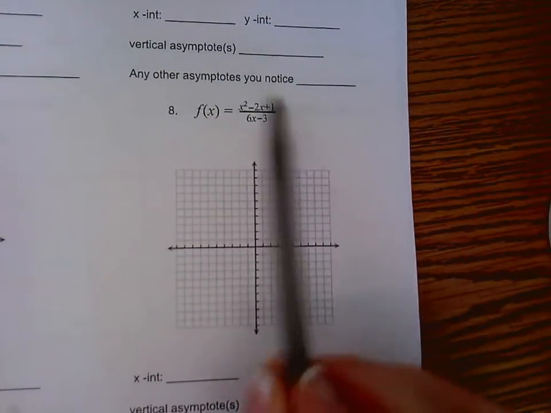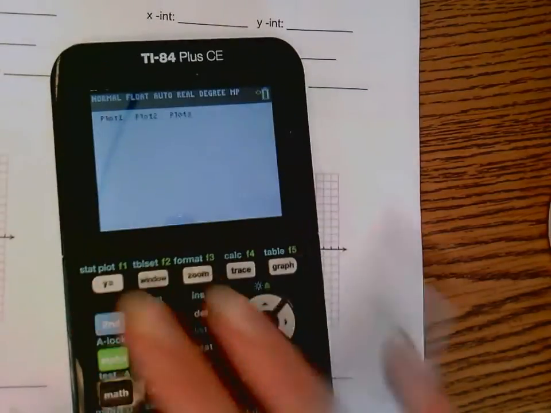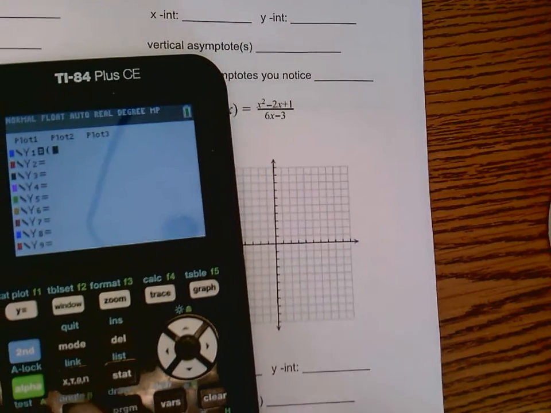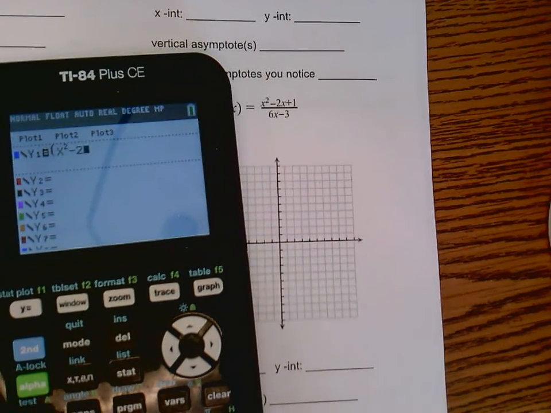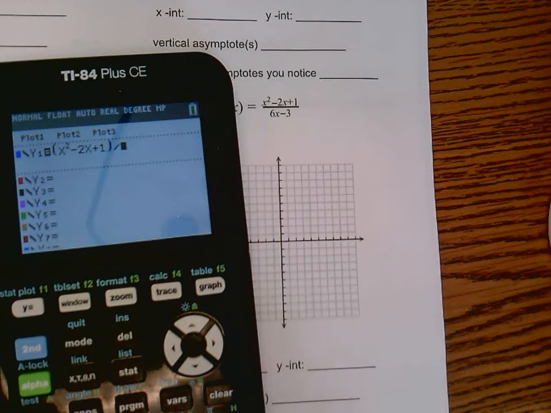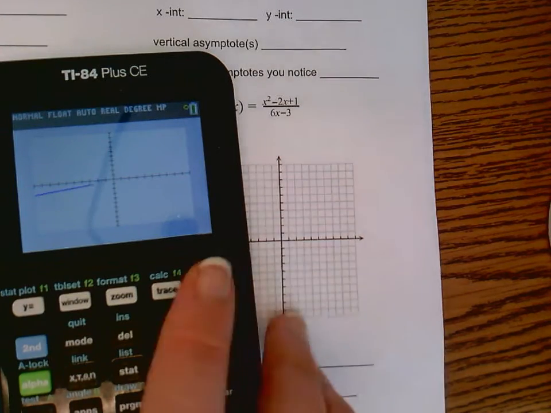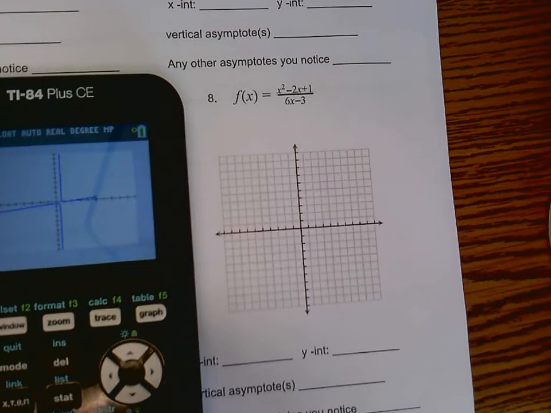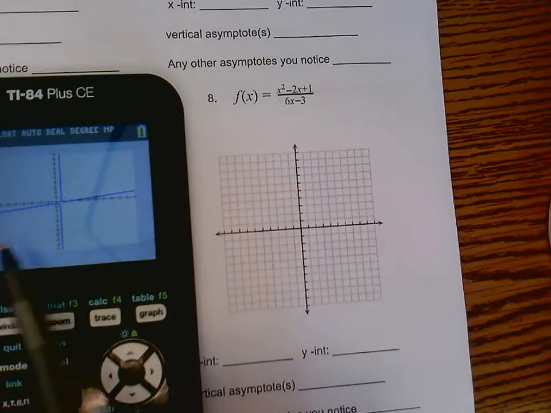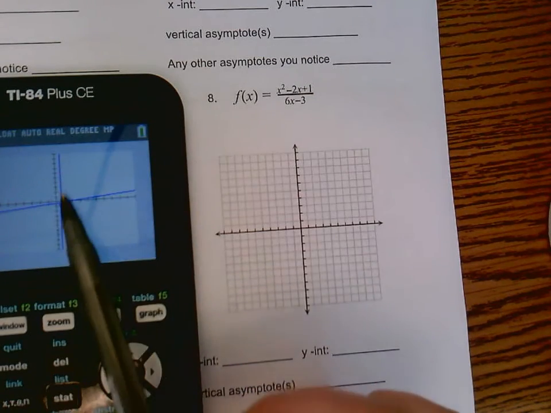So now I'm going to type this function in. Clear that out. I've got x squared minus 2x plus 1 divided by 6x minus 3. I hit zoom 6. I didn't have to, but I did. All right, so what's going on here? We've got this curve coming in and this curve coming in.